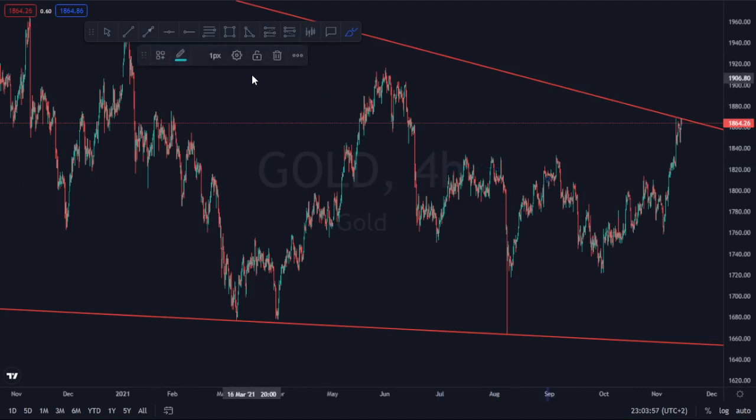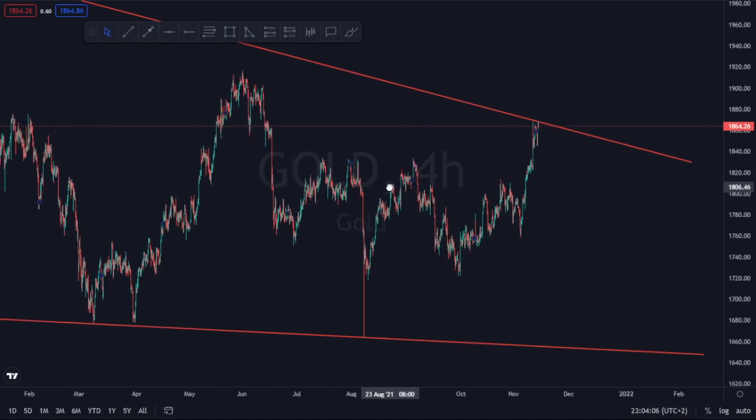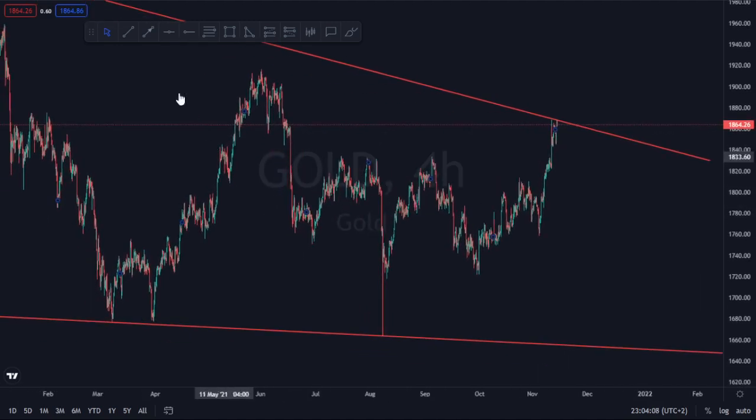Okay. I hope you guys can see this pattern as well. There's a reversal pattern here as well, so let's just plot it out.